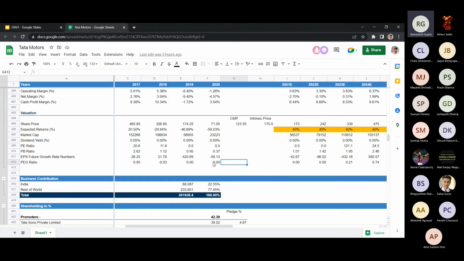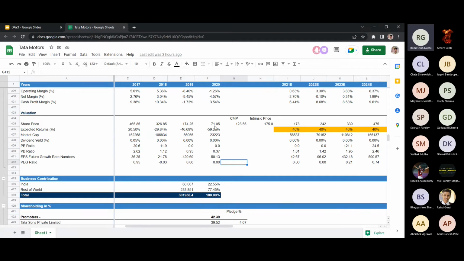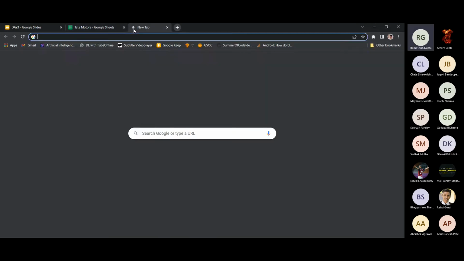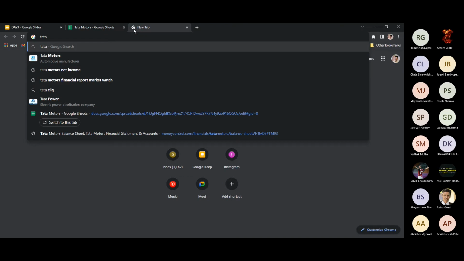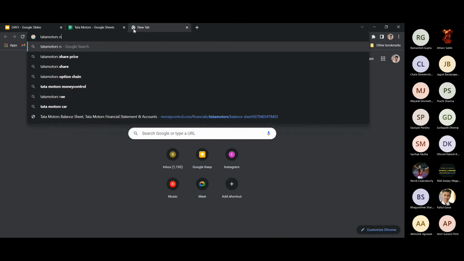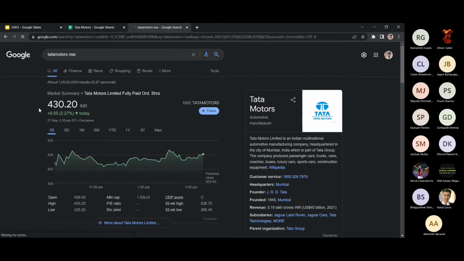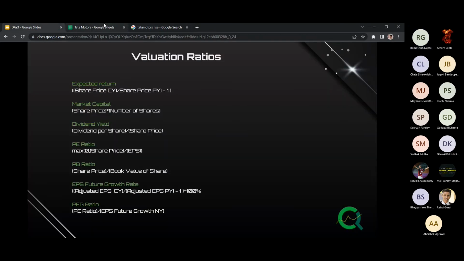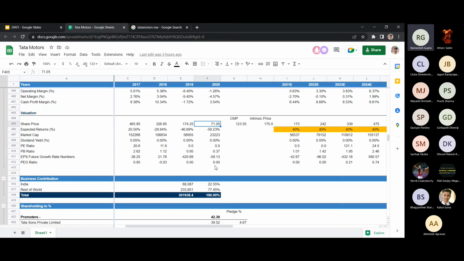The same thing happened in the case of Tata Motors. From 71, their stock is right now 430 rupees. So this PEG ratio showed that.